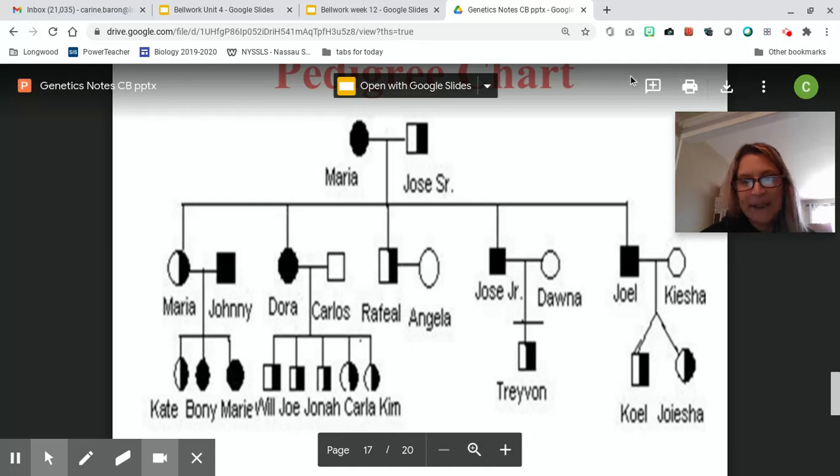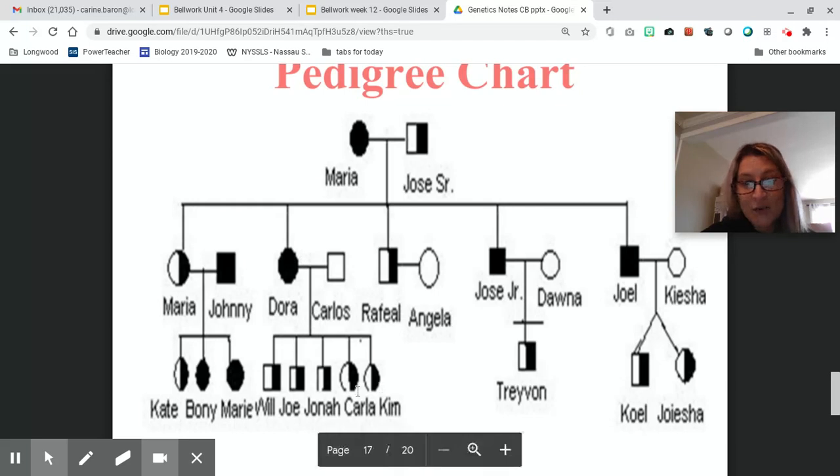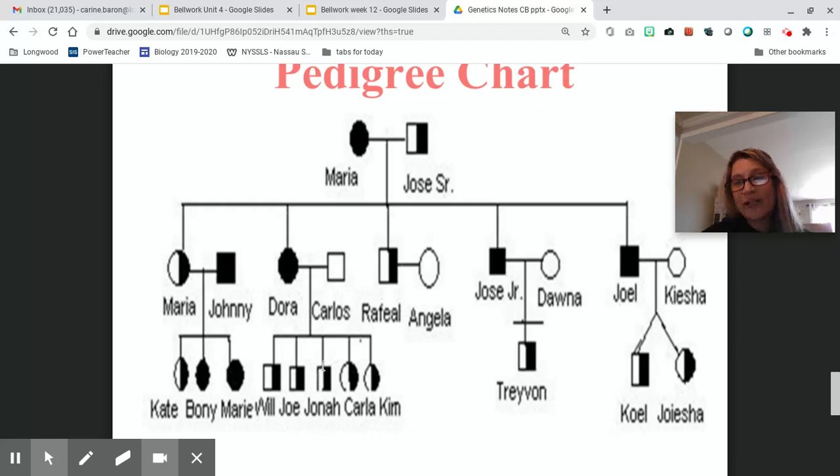Okay, let's go on and look at Dora and Carlos. Dora and Carlos had 1, 2, 3, 4, 5 children, 3 boys and 2 girls. They were all carriers. Can you tell me in this family, since all of them are carriers, which one, Mom Dora or Dad Carlos, has the trait?